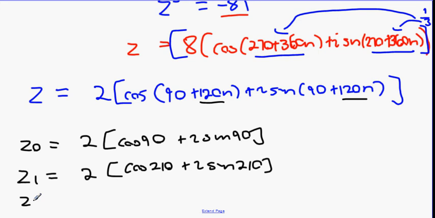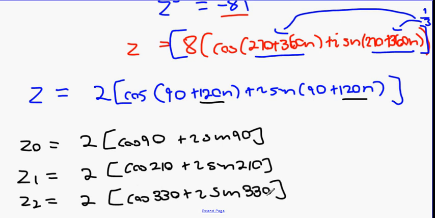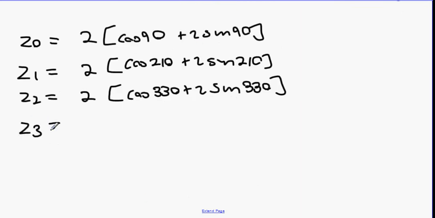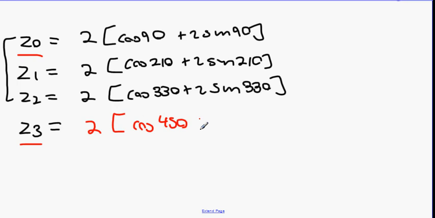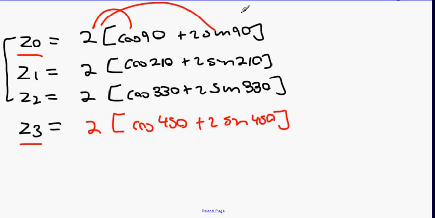Now when n equals 2, it's going to be 240 plus 90, which is cos 330 plus i sin 330. And then finally z3 is when n equals 3. Now remember, we're only expecting 3 answers, so we're expecting z0 and z3 to be a repeat of each other. So it's going to be cos 450 plus i sin 450.